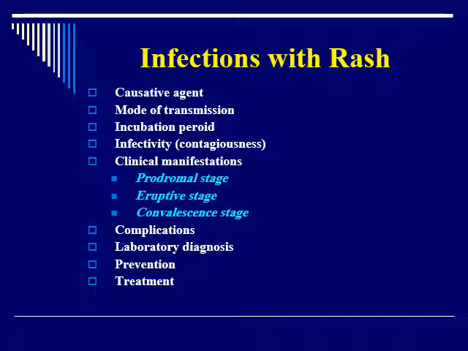An incubation period may be short, a few days or less than 1 week, or it may be from 1 to 2 weeks, or it may be longer, from 2 to 3 weeks, as we will see. The infectivity period is very important for isolation of a patient in order to prevent the spread of infection to healthy children or healthy individuals.